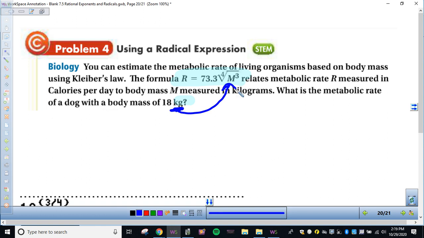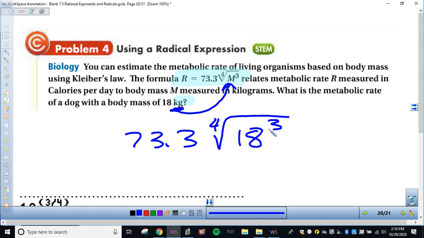But we're going to plug this thing in. So we get 73.3 times the fourth root of 18 to the third power. Okay, I'm going to rewrite this exponentially because it's easier to plug into the calculator. So it's 73.3 times, is it 18 to the 3/4 or 4/3? 3/4. That is it.